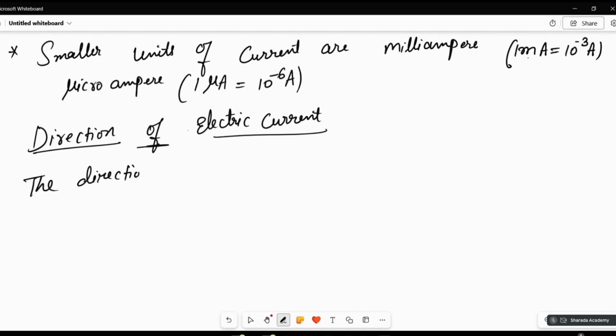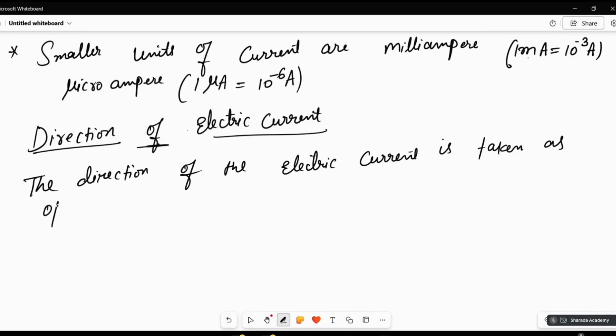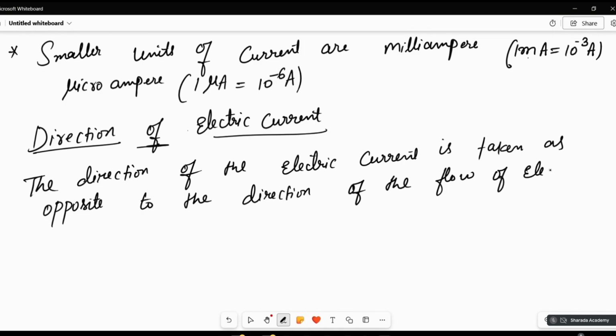The direction of the electric current is taken as opposite to the direction of flow of electrons. This is called the conventional direction.